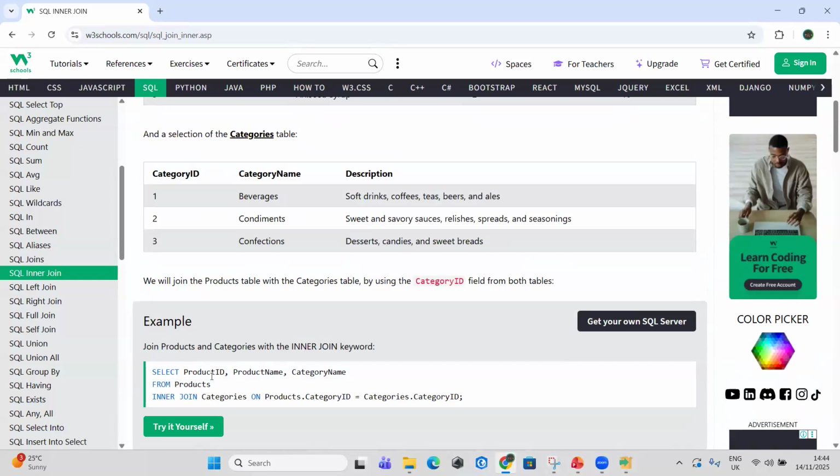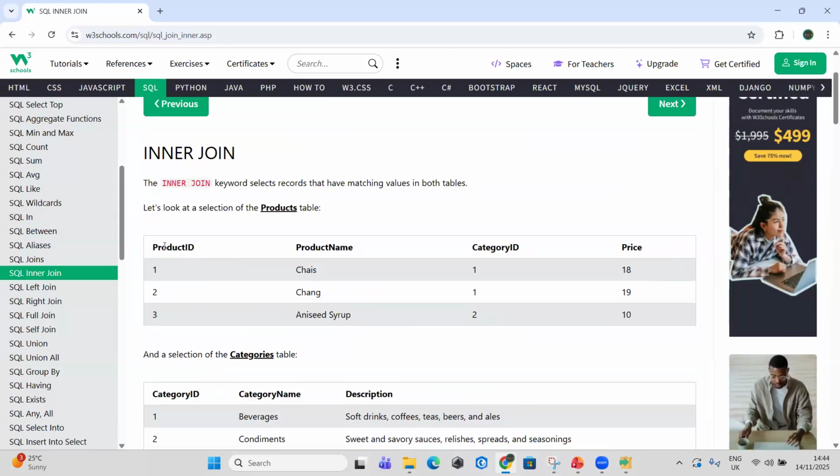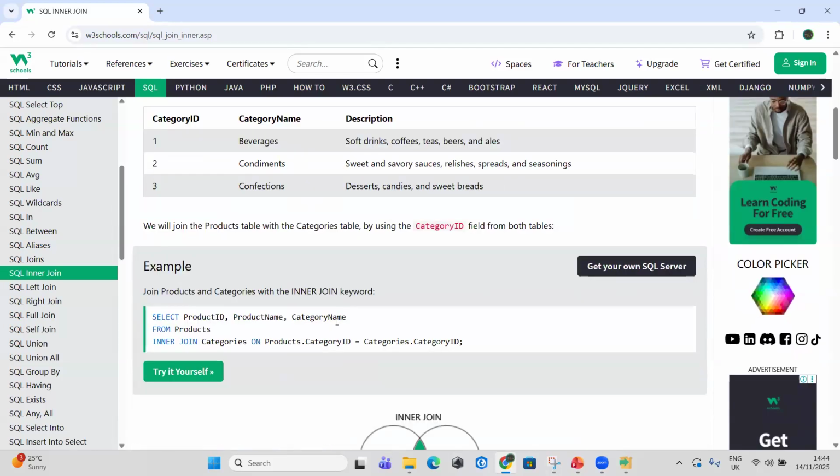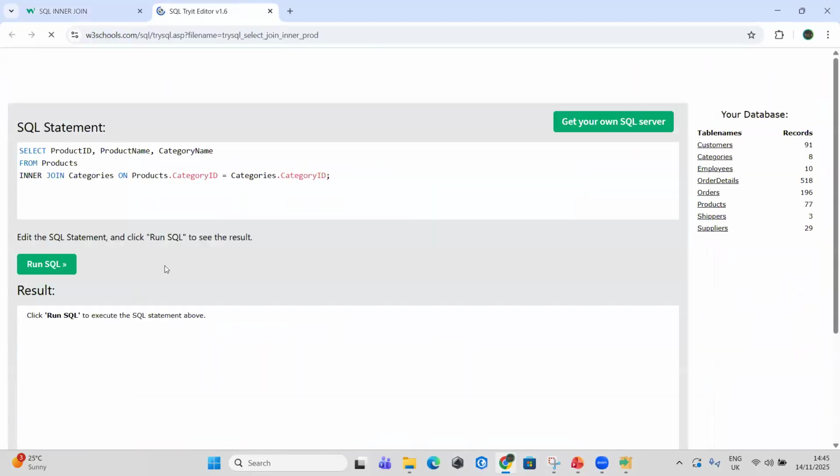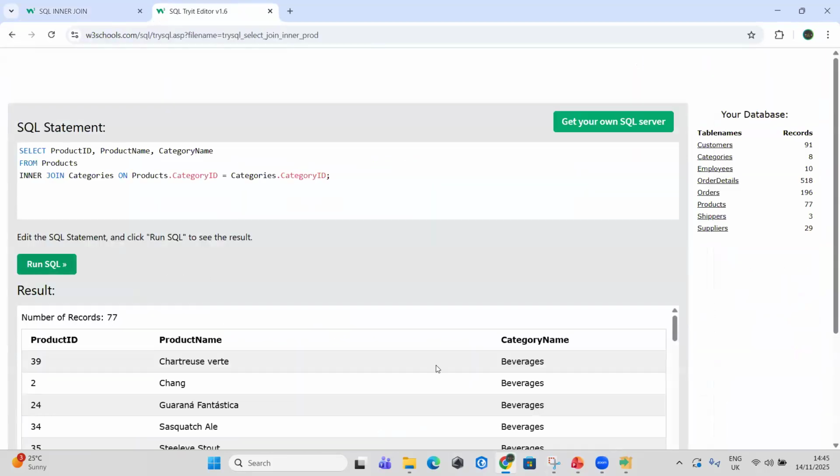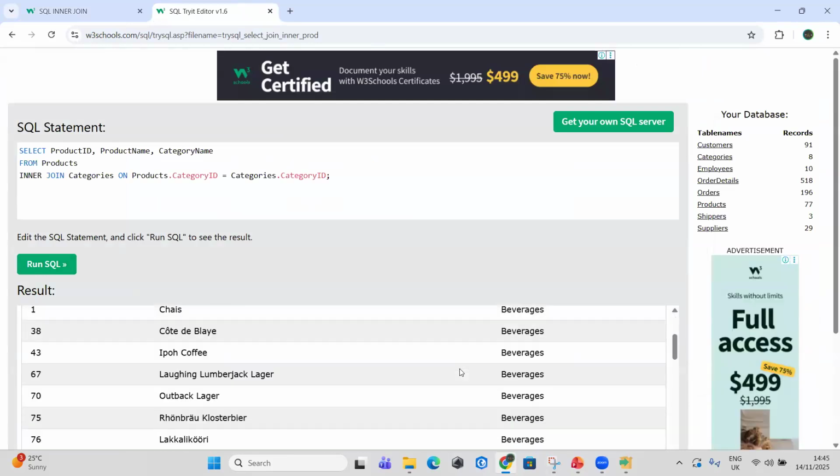So in this case, because I knew they were distinct names, I just put it directly and it works. So I have this now.